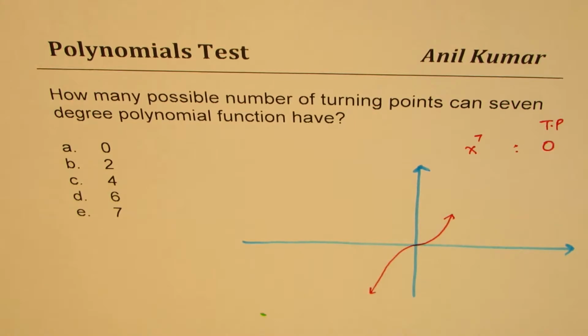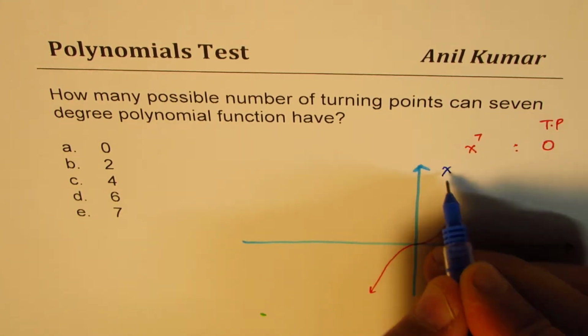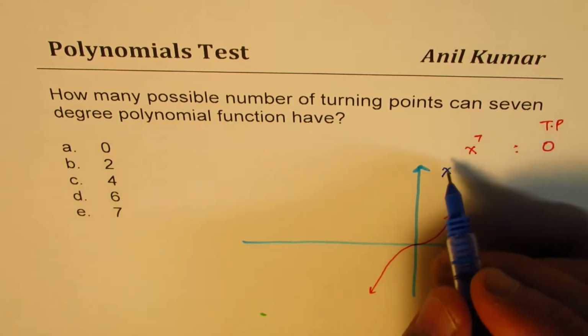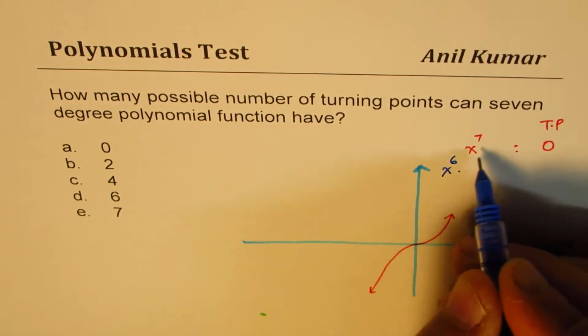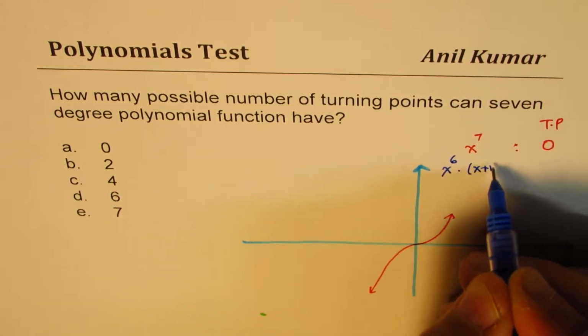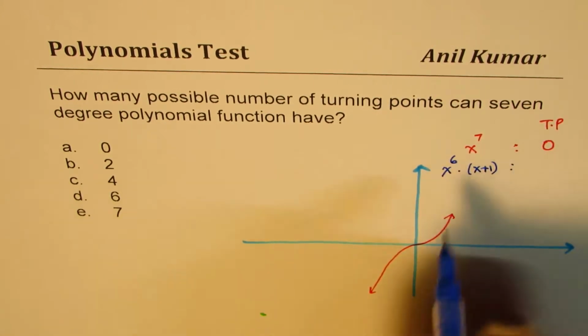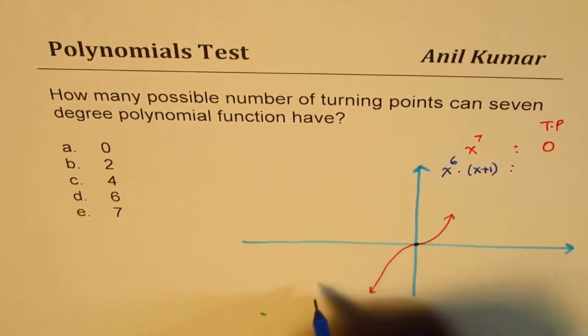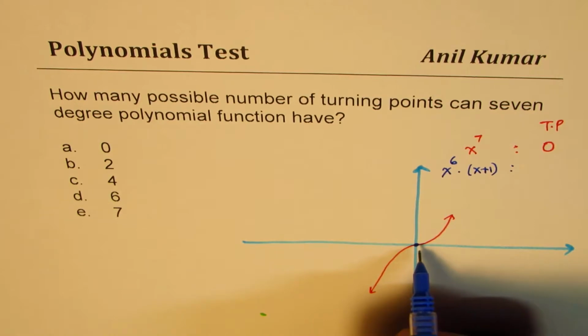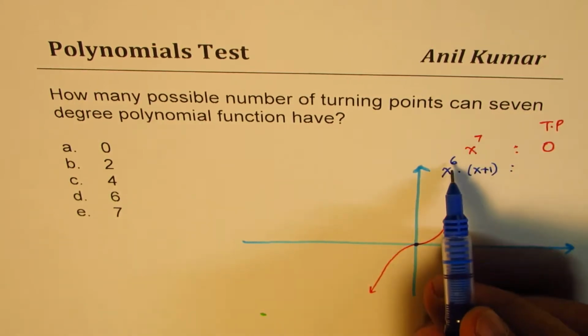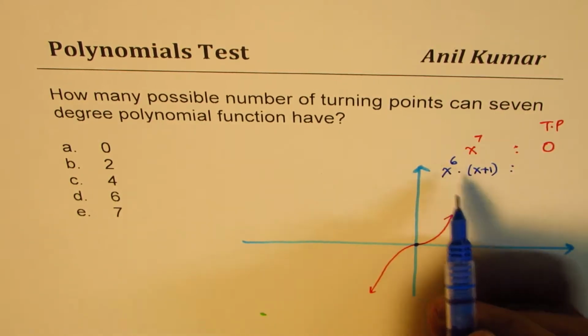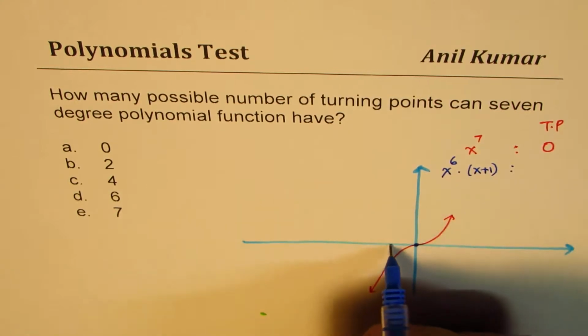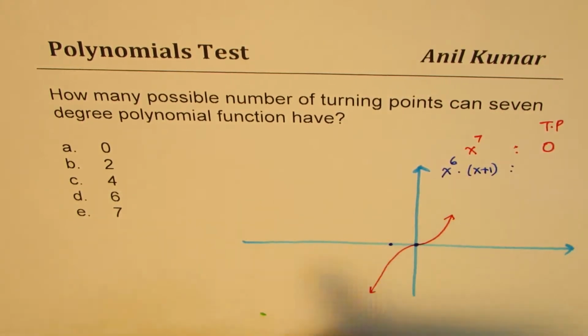Do you see that? Now let me take another example. I'll write x to the power of 6 and then add another factor, let's say x plus 1. That means I have two zeros, one still here, but now this zero is not to the power of 7 but 6, so it has to bounce back, and at minus 1 we now have a linear zero.